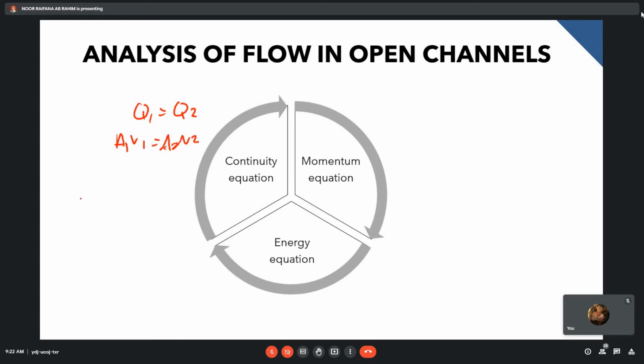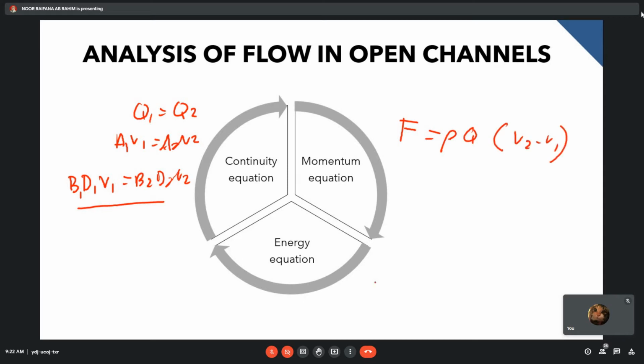So for open channel rectangular, kita tahu area is equal to BD. So B1D1V1 equal to B2D2V2. So this one is continuity equation for rectangular channel. Okay, momentum equation F equal to rho Q delta V. Ni pun dah belajar dalam fluid mechanics. So you have to apply je lah apa equation dia.